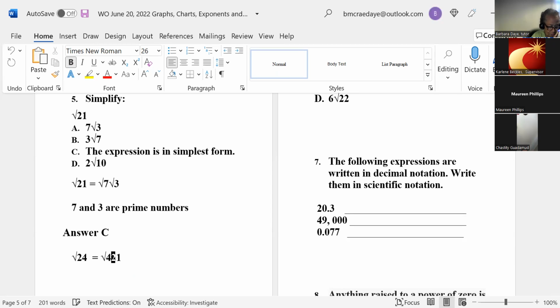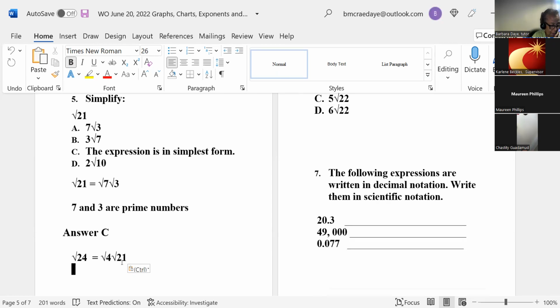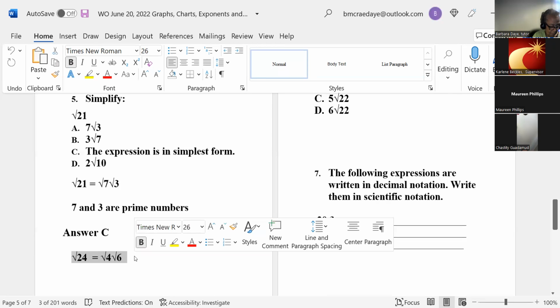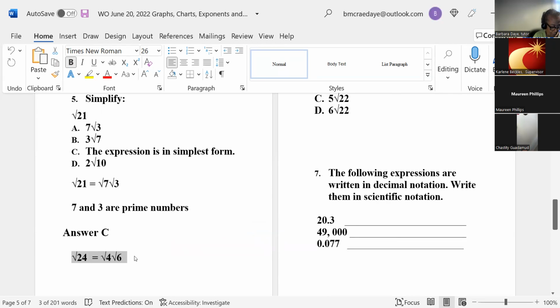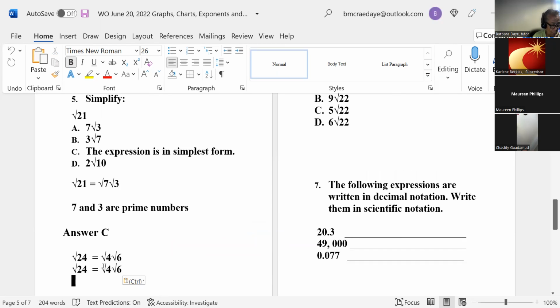So 4 is the one with the perfect square root, and the other would be 6. Now, what's the square root of 4? 2. So the square root of 4 is 2.